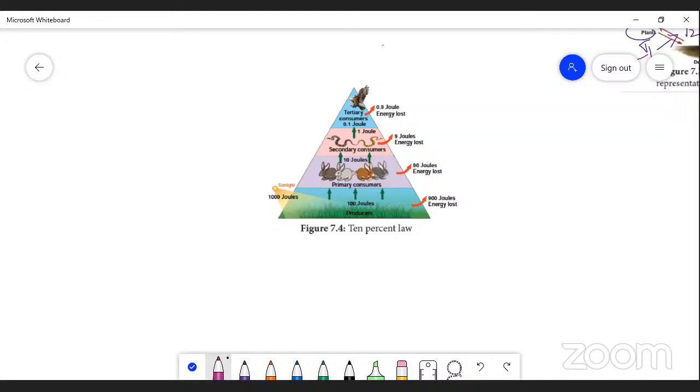Actually, the flow of energy and storage of energy can be explained by thermodynamics law. According to thermodynamics law, there are two laws.